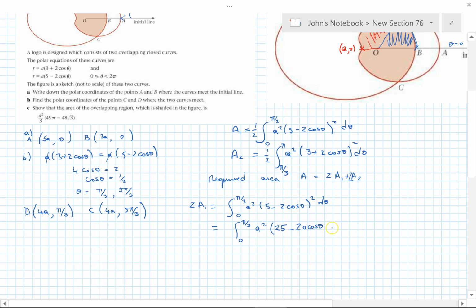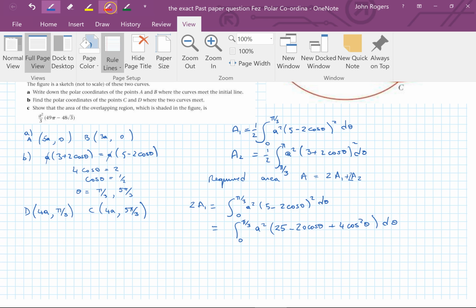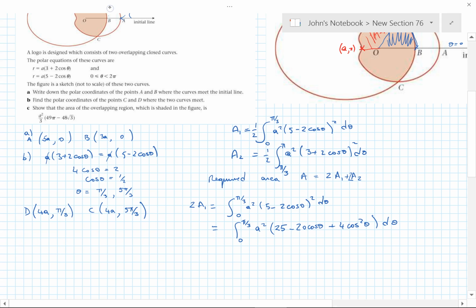And 2 cos theta squared is plus 4 cos squared theta d theta. Now notice, I'm just looking ahead a bit, I'm going to get a 4 cos squared theta with the next one. So what I might do here, in a different colour, is find the integral of 4 cos squared theta, because that will help us with both the integrals A1 and A2.